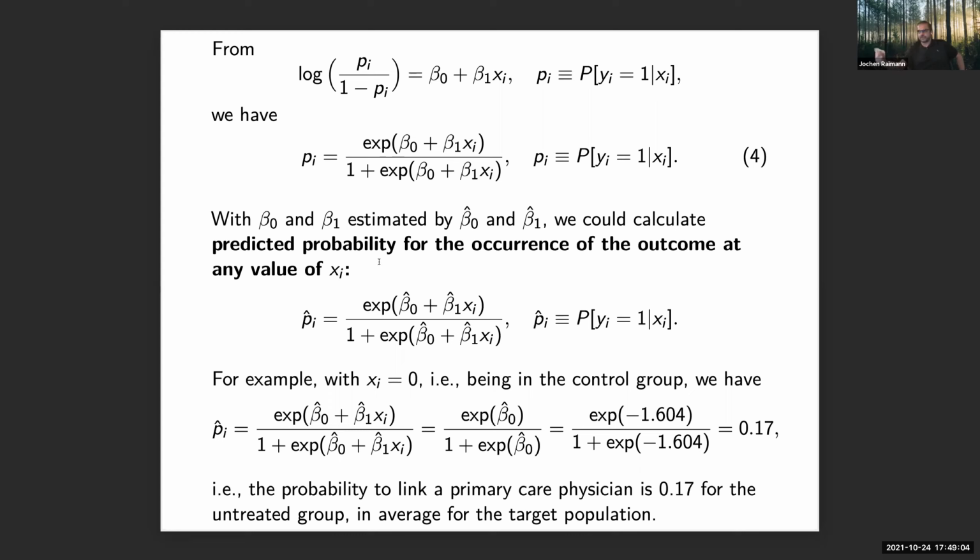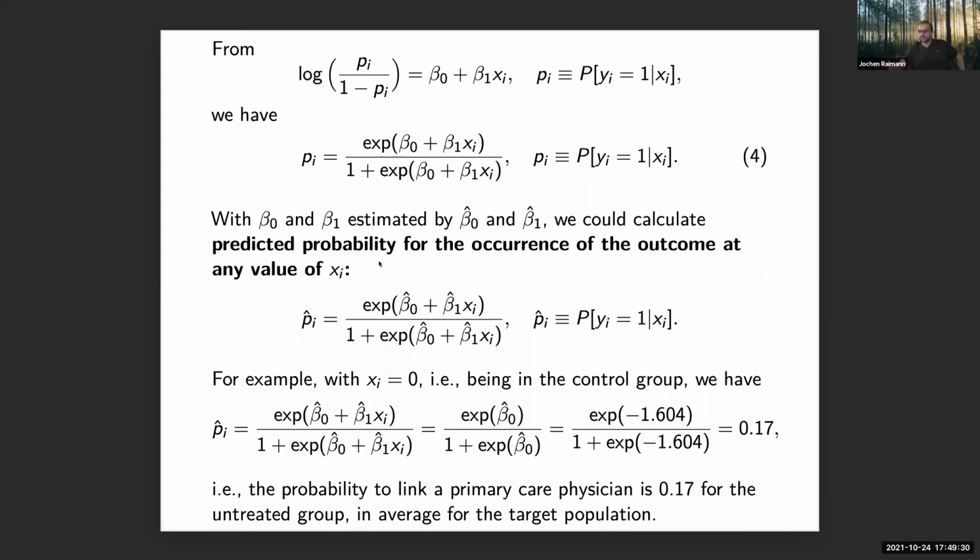With beta 0 and beta 1 estimated from beta hat 0 and beta hat 1, we could calculate the probability for the occurrence of the outcome at any value of xi. So beta 0 gives you, to some extent, the default status. It's like your default estimate. This is your intercept.